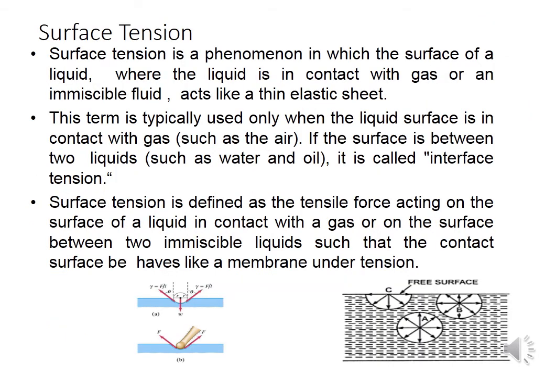So surface tension is a phenomenon in which the surface of a liquid, where the liquid is in contact with gas or an immiscible liquid, acts like a thin elastic sheet. See here, if it is between liquid and gas, then only it is called surface tension. If it is between liquid and liquid, it is called interfacial tension.